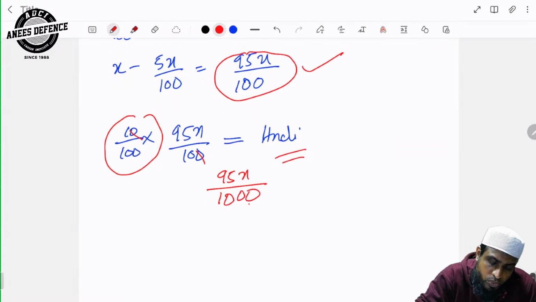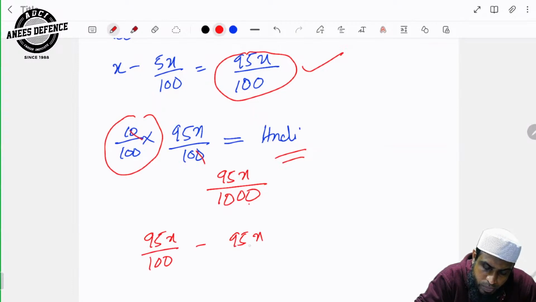So the remaining books can be 95x by 100 minus 95x by 1000.